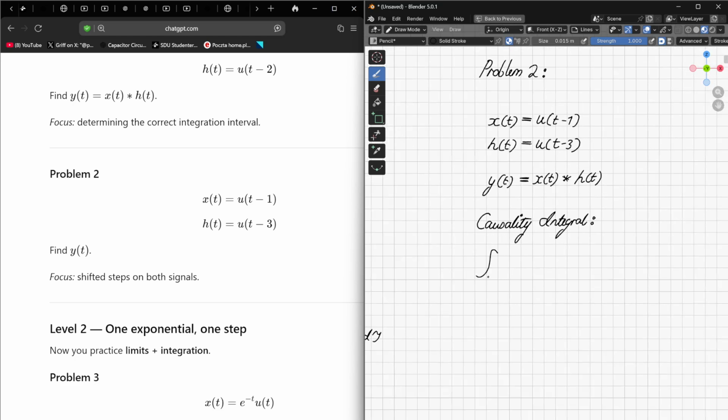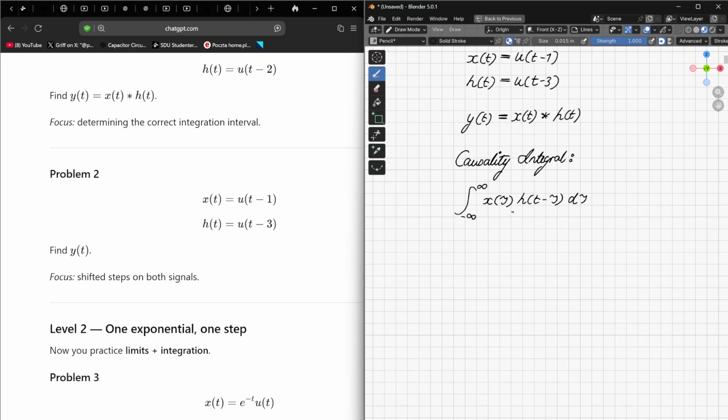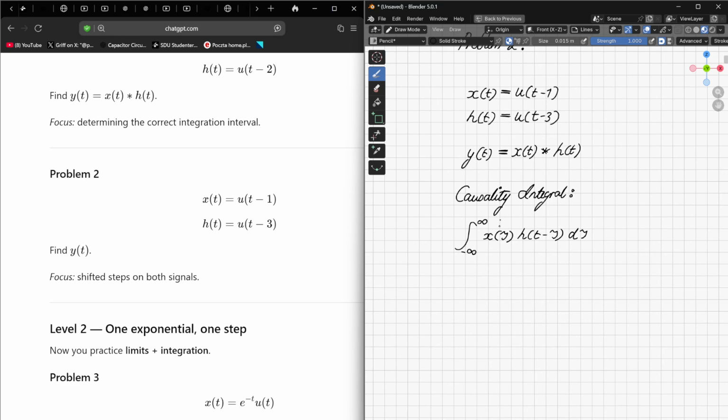Integral minus infinity to infinity x(tau) h(t minus tau) with respect to tau, and then I'll just place these in, I guess.